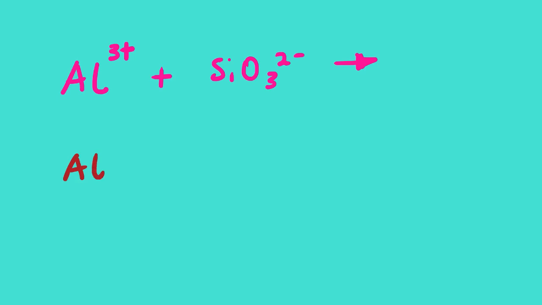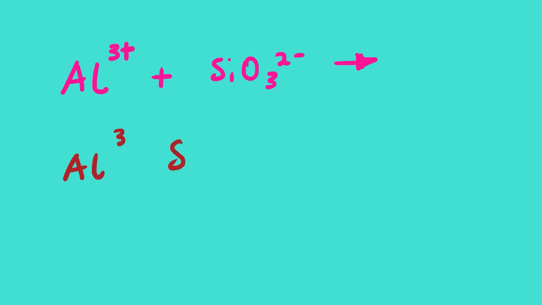Another reaction that we can look at is aluminium 3. It's actually aluminium that has 3 plus, and silicate. Silicate is SiO3 2 minus. Once you know this ionic compound and element, then it will be simple for you to actually predict or know how to figure out the product.